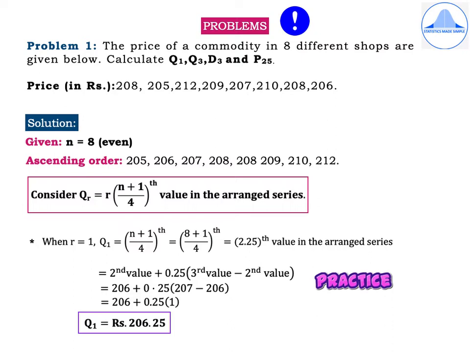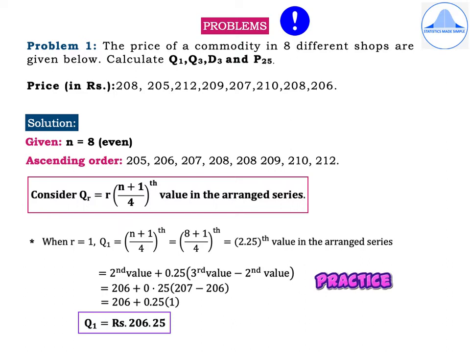Then you write plus. Now ignore the integer part and write only the decimal part, that is 0.25, and within brackets, now 2.25 lies between the second value and the third value. So write the larger value first within brackets, that is third value minus the second value.